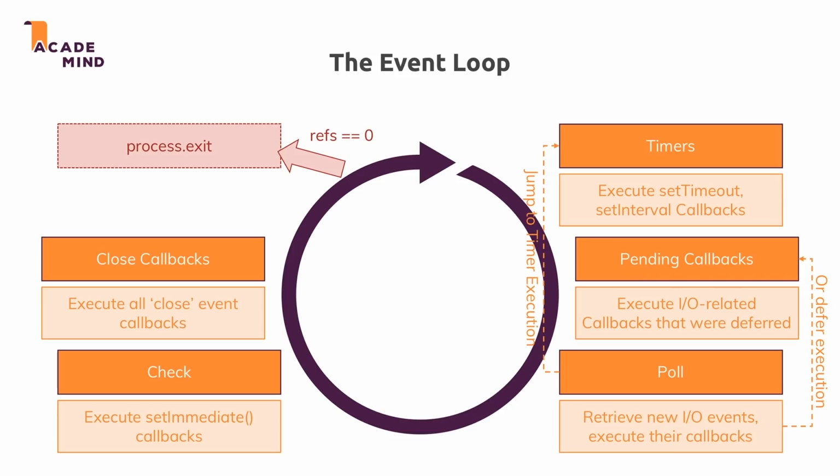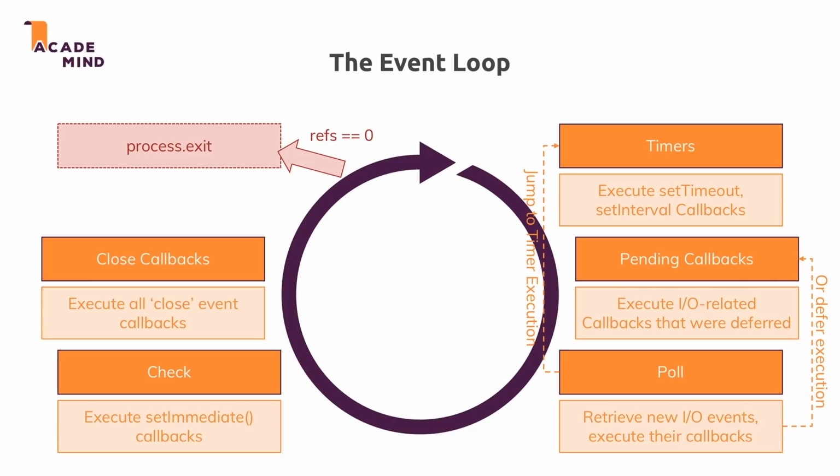Internally, Node.js keeps track of its open event listeners. And it basically has a counter, references or refs, which it increments by 1 for every new callback that is registered, every new event listener that is registered. So every new future work it has to do, you could say. And it reduces that counter by 1 for every event listener that it doesn't need anymore, every callback it finished.